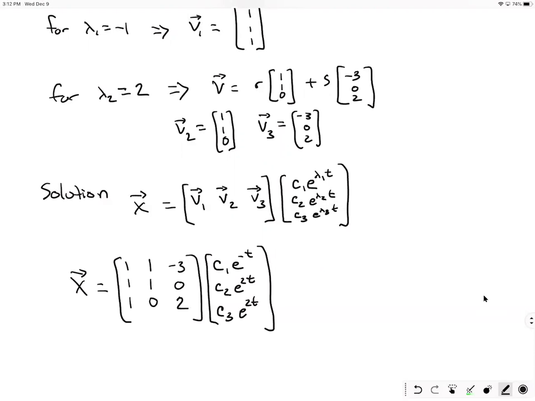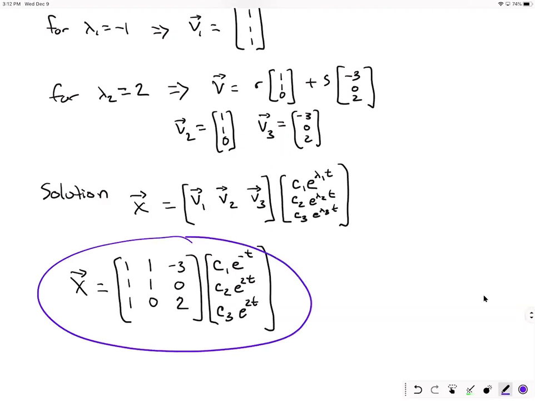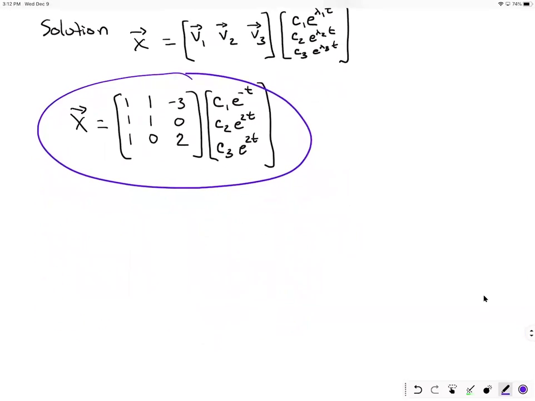Now, some people will write this a little bit different. This is a solution. Nothing wrong with this solution. Some people would write it out a little bit differently. So let me put also.